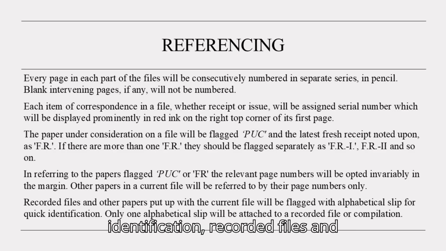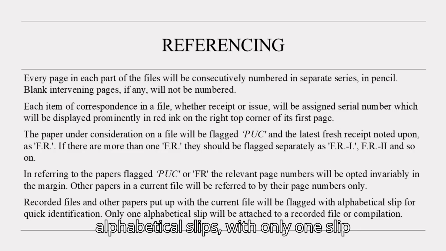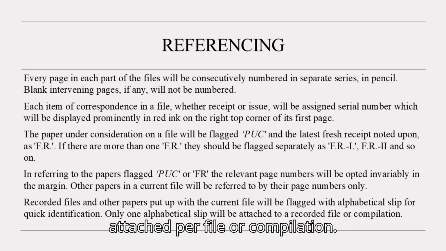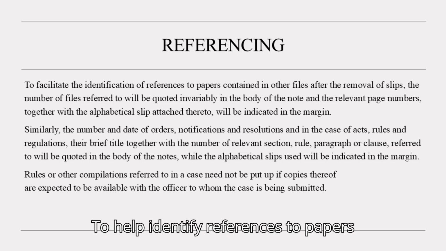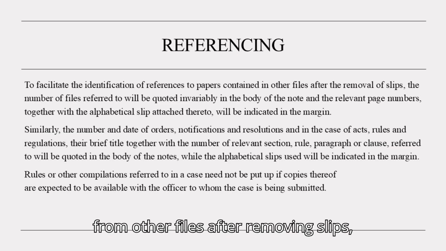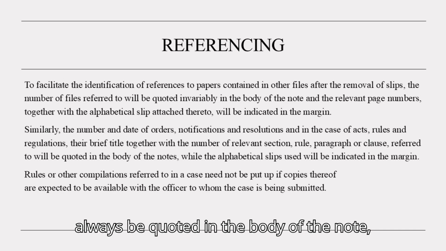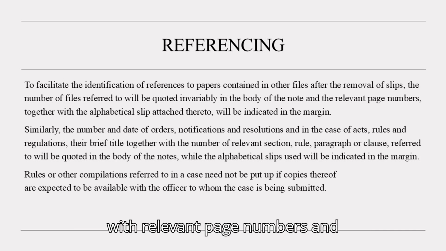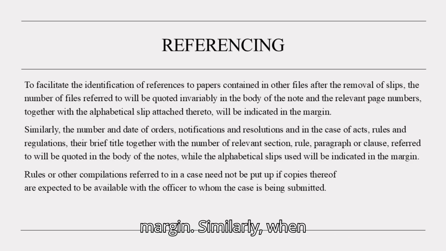For quick identification, recorded files and accompanying papers are flagged with alphabetical slips, with only one slip attached per file or compilation. To help identify references to papers from other files after removing slips, the file number being referred to must always be quoted in the body of the note, with relevant page numbers and alphabetical slips indicated in the margin.